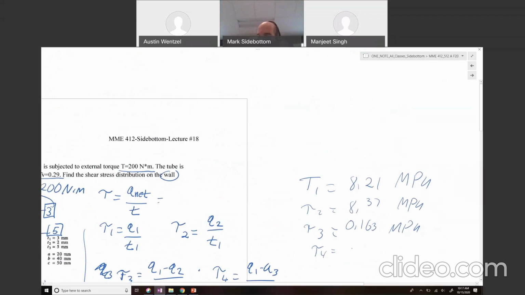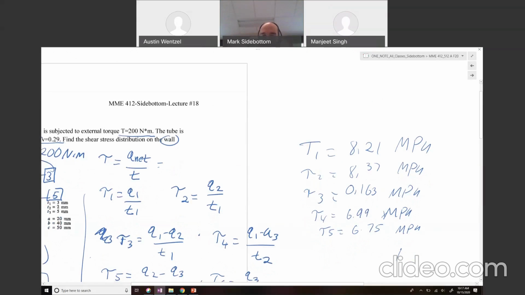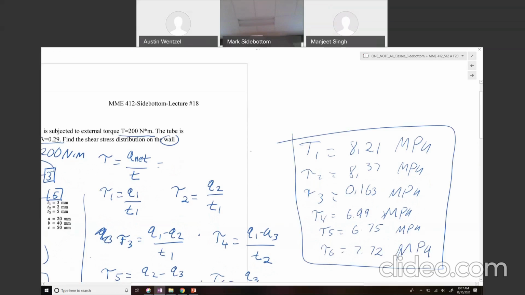Tau 4 is equal to 6.99 megapascals. Tau 5 is equal to 6.75 megapascals, and tau 6 is equal to 7.72 megapascals. So that would be your answer there.